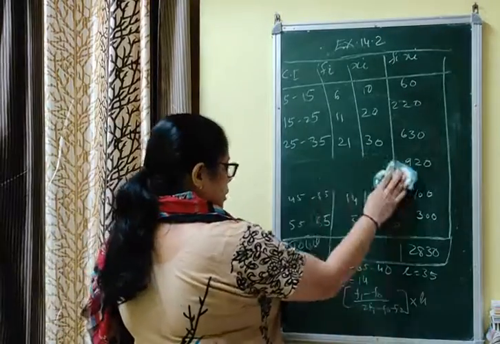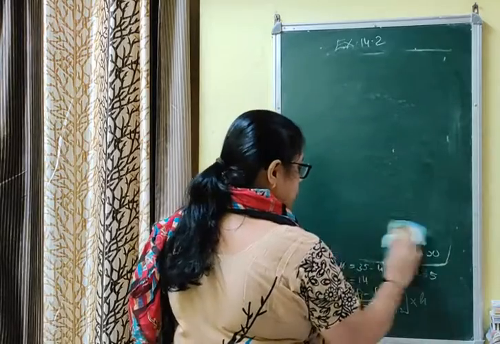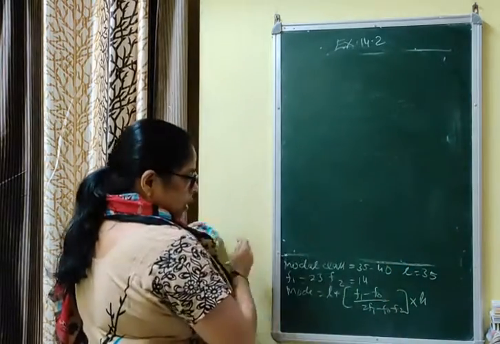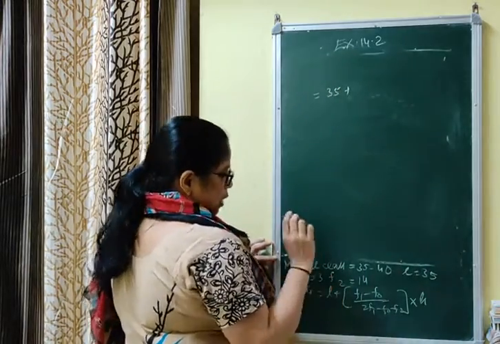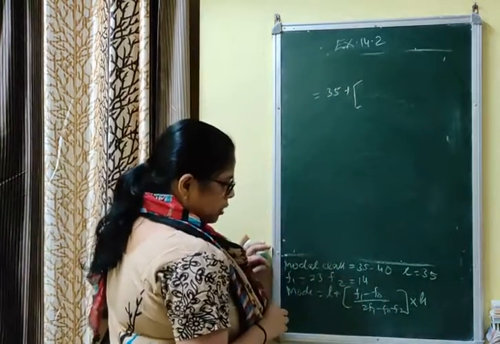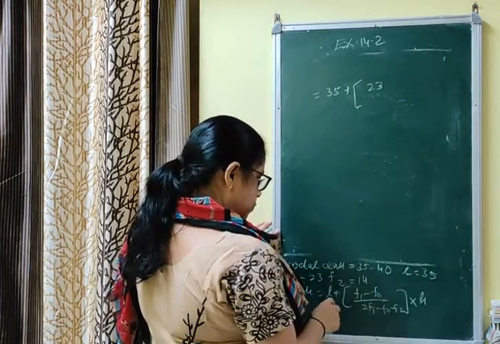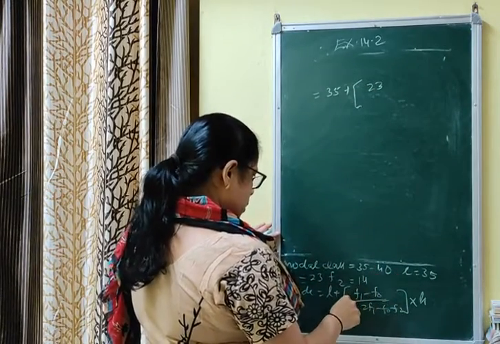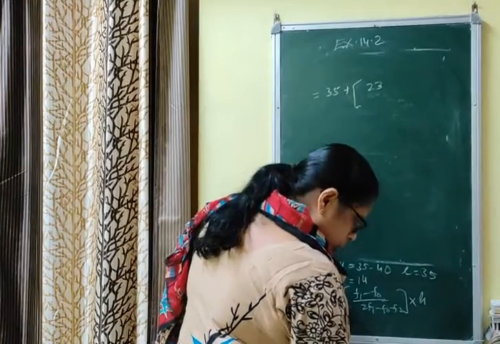Now I am rubbing this table because no need of this table, we have written everything here. That is L is 35. हर एक चीज हमने लिख रखा है, उसमें से वैल्यू पुट करना है. What is f1? f1 is 23 minus f0. What is f0? f0 I have rubbed, let me write. f0 is 21.